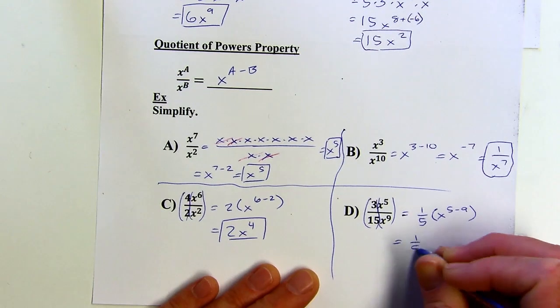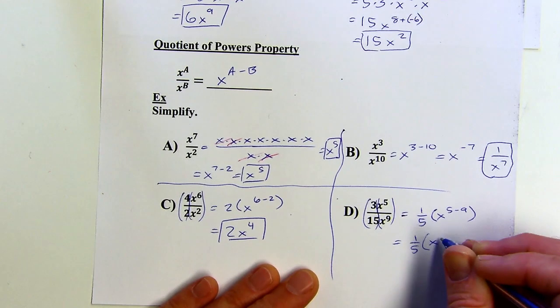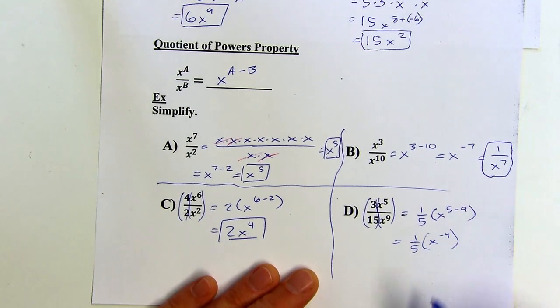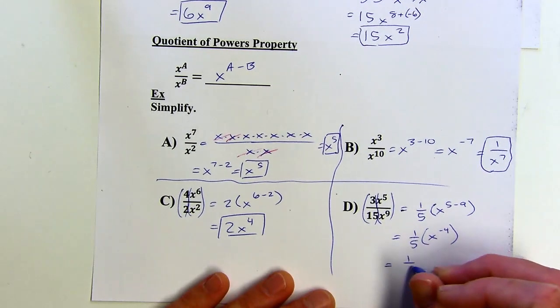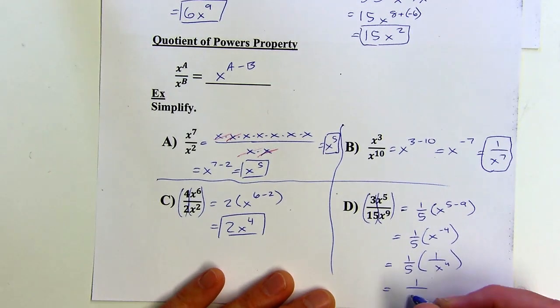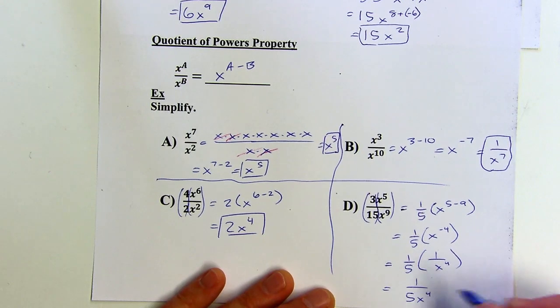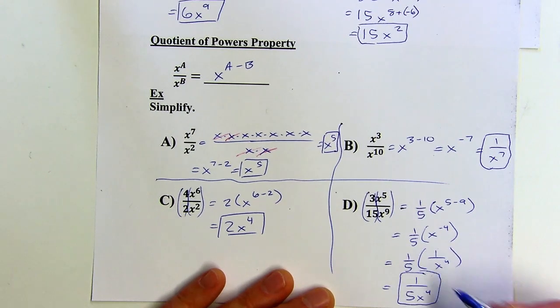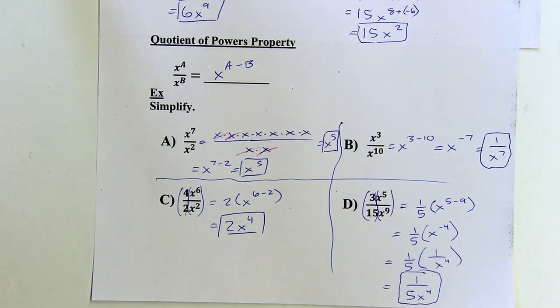So now I've got 1/5 times x to the negative 4th, excuse me. Okay? And I want to write x to the negative 4th with a positive exponent, so I'm going to think of that as 1 over x to the 4th. And then when you multiply this together, we'll multiply straight across: 1 over 5x to the 4th. Okay.